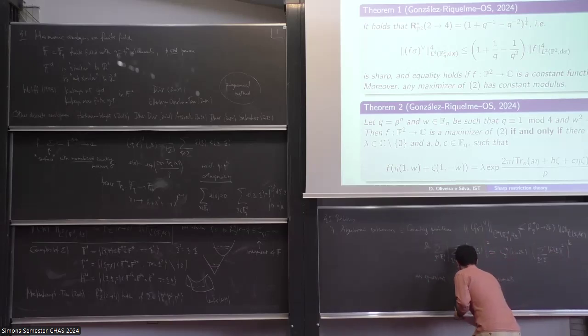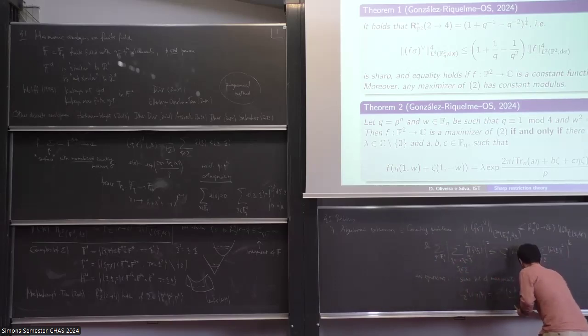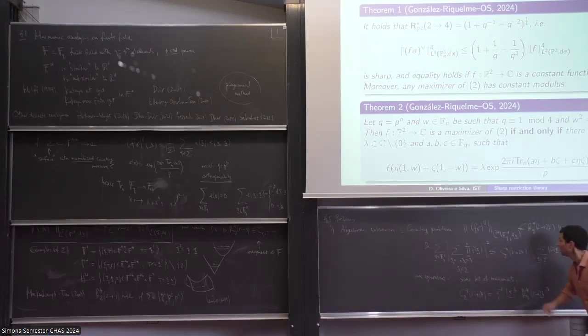So C star is almost the same as R star. You just have to multiply by a constant and divide by k to the n. So in order to understand this inequality in Fourier form, it's enough to understand this inequality in counting form.